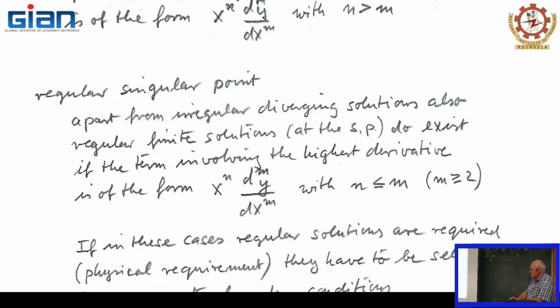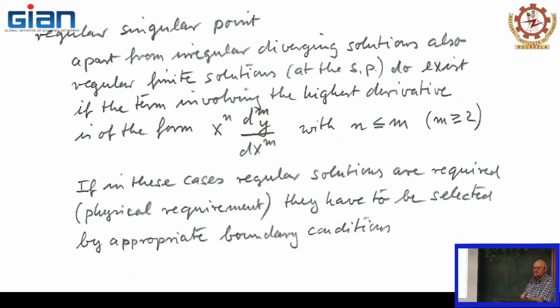If regular solutions are required, for physical reasons, they have to be selected, and by which means? By the means of boundary conditions or initial conditions. We can exclude irregular solutions or select the regular parts of the solution by requiring appropriate boundary conditions.